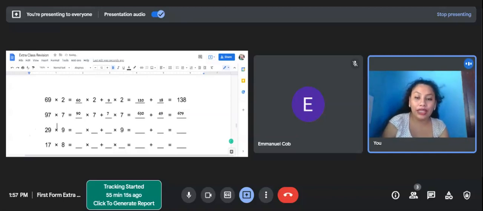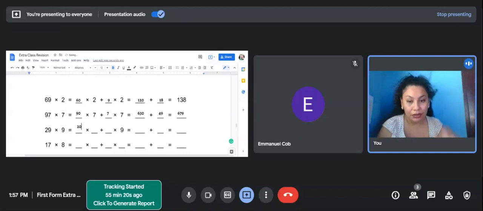Right? If I do the other one, I have 29 times 9. I want to break the 29, so I'm going to have 20, but 20 is going to be times the 9. And then I'm going to have 9 times 9. So now in the first one, I'm going to have 20 times 9.